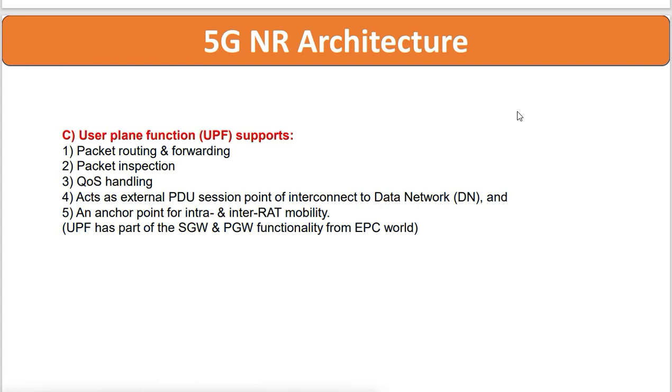And the last one is an anchor point. It works as an anchor point for intra and inter mobility. Okay, and UPF has part of the serving gateway and packet gateway functionality from the EPC world.